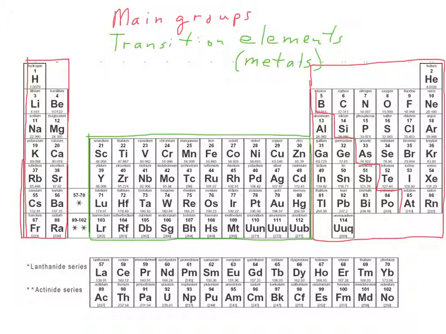And those elements that go in the extra space between in periods 6 and 7, those are called the inner transition elements.